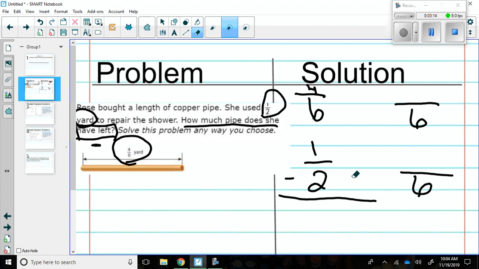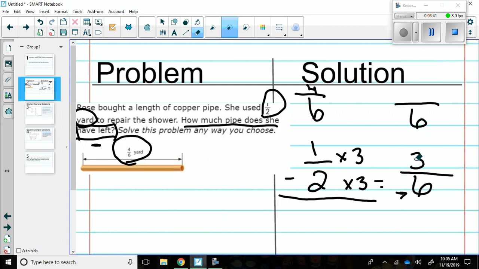To figure out the equivalent fraction of 1/2 with a denominator of 6, I need to think 2 times what equals 6? Well, 2 times 3 equals 6. If I do it to the bottom number, I have to do it to the numerator as well. So I take 1 times 3 equals 3.